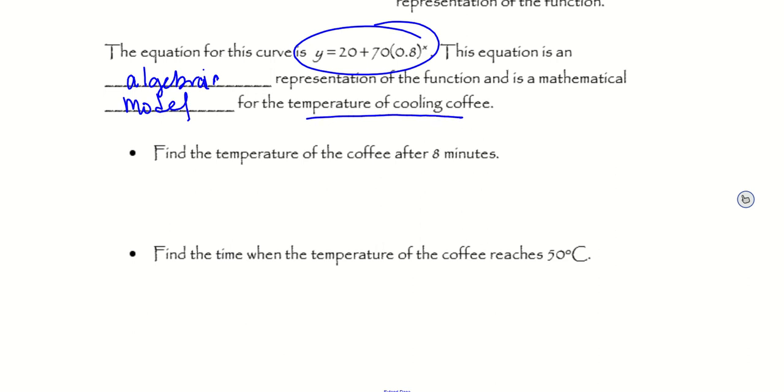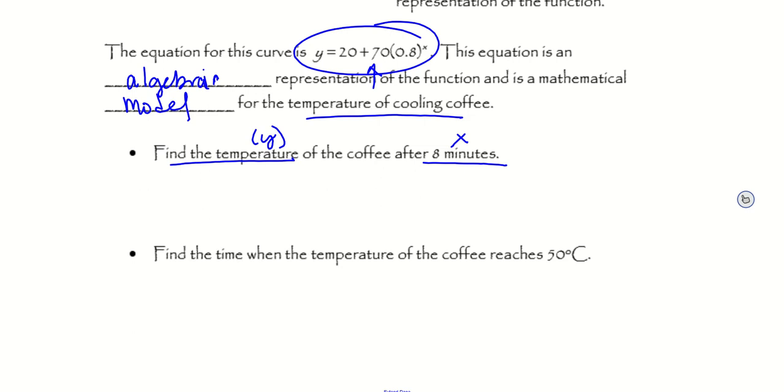So let's look at this. Could we use this mathematical model to find the temperature, right? Our temperature is our y, of the coffee after 8 minutes. 8 minutes is a time, that is our x.